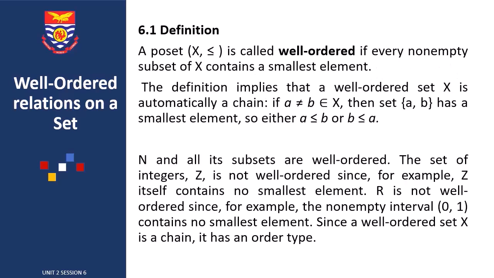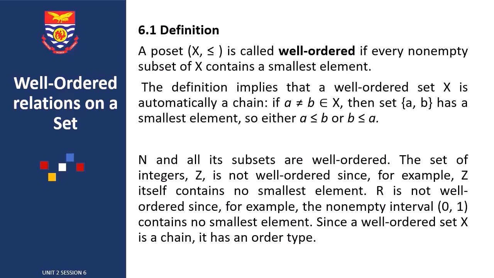Let's look at the definition of a well-ordered relation on a set. A poset X, once it satisfies the three conditions, is called a well-ordered set if every non-empty subset of X contains a smallest element.